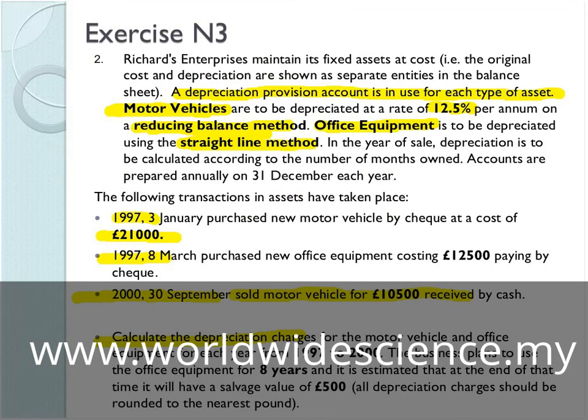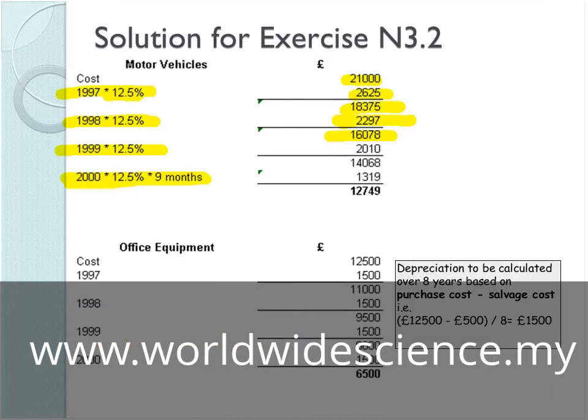So that means we must calculate depreciation for 9 months only, because after that we already sold this motor vehicle. We already got some cash from this motor vehicle. So the answer will be the balance of this motor vehicle equal to 12,749. So, any questions related to motor vehicles first?